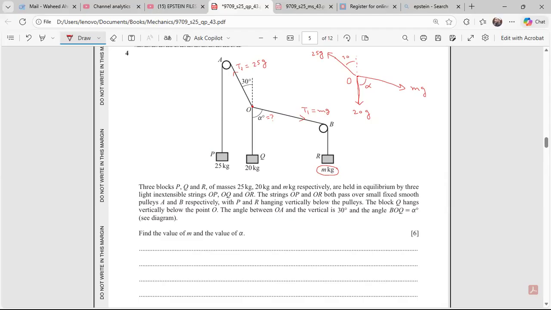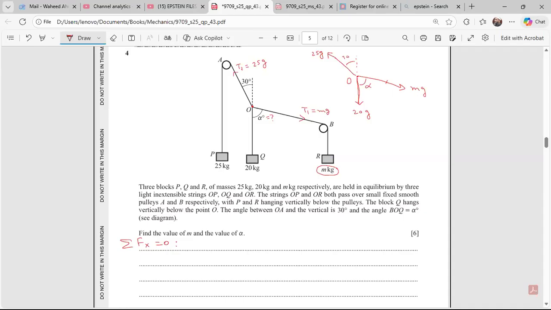If I apply the equation for static equilibrium, I know that the sum of all forces along the x-axis is 0, right? What does it mean? Along the x-axis, I have two forces, the x component of this force and the x component of this force. So what's the x component of this force?